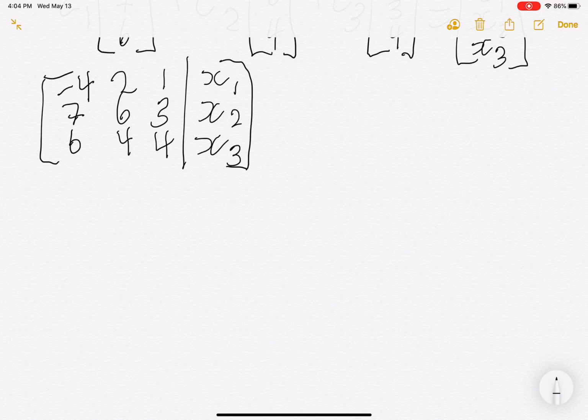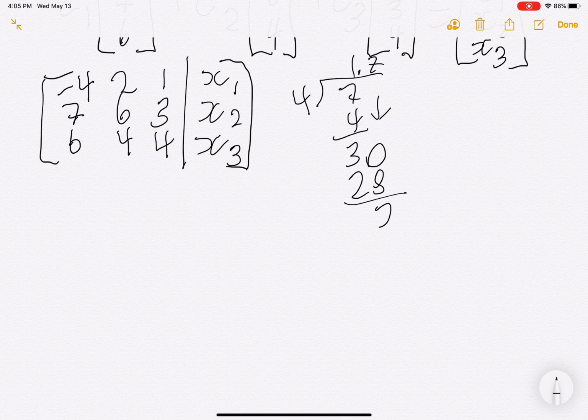Okay, so first operation, let's see what we can do. What I usually do is start off with getting this to be a 0. So I'm going to see if I can divide this. I should be able to. So 0.7. This might get a little difficult.